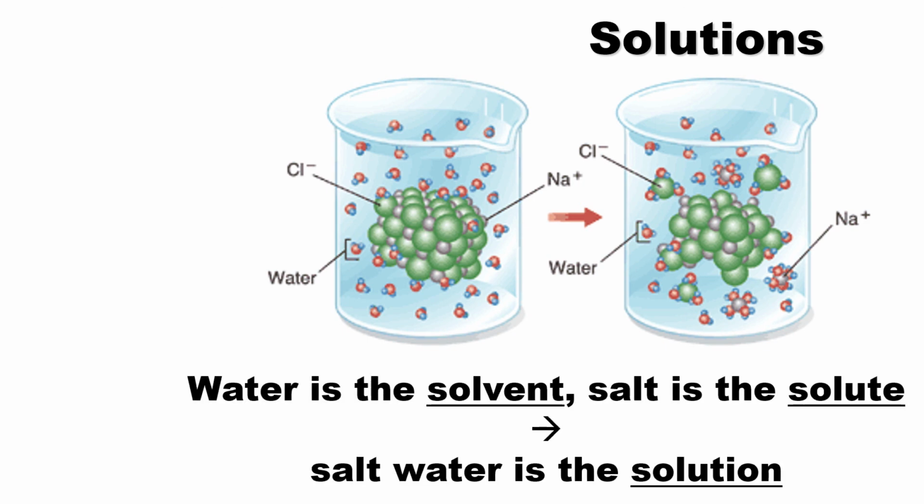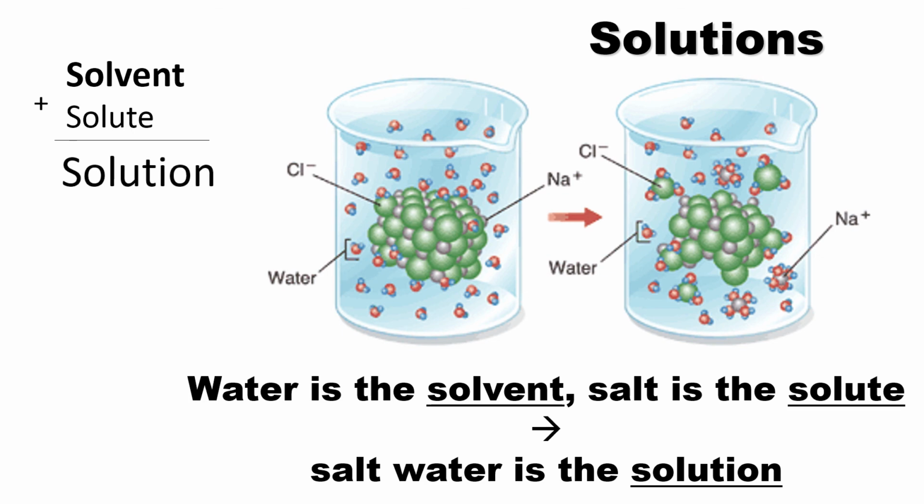Because most of the beaker, however, is water rather than salt, we refer to the water as the solvent and the salt as the solute. The salt water that is made is referred to as the solution. So if we look at this, it's solvent plus a little bit of solute. So lots of solvent, a little bit of solute yields solution.